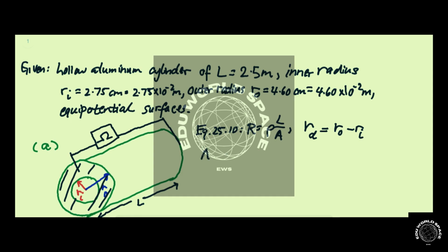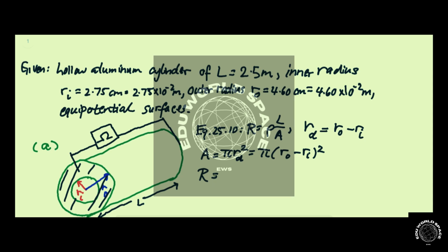So then we know the area is pi r_d squared, which is pi times (r_o minus r_i) squared. And we're given the outer and inner radii in the problem already. So then we can find the resistance.